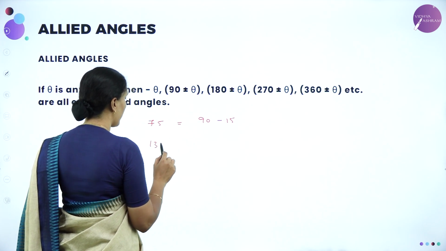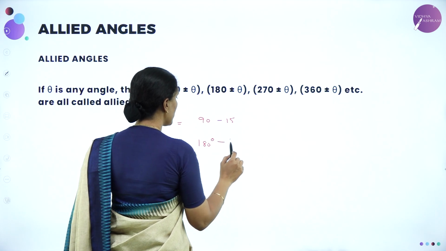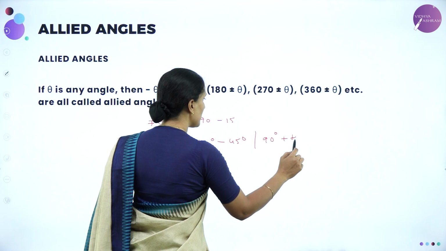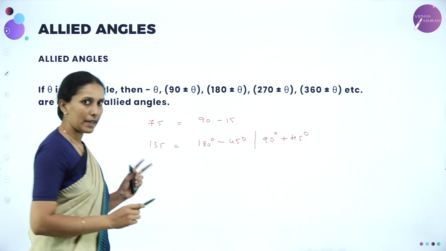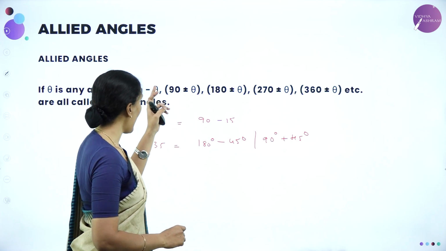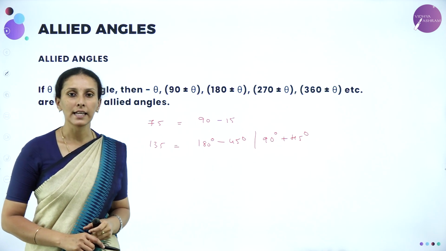Next, 135 can be written as 180 minus 45, or can also be written as 90 plus 45. Like this, any angle which is represented in the form of sum or difference with 90, 180, 270, 360 is called an allied angle.